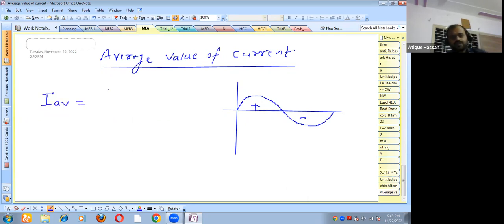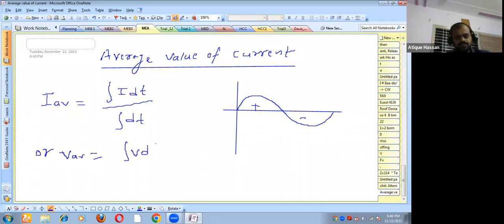If you want to take average value of current, we define it like I dt divided by dt. If you want to calculate average value of anything, you can apply this formula. For V average, you can write V dt divided by dt. So this is the basic method to calculate average value of anything.